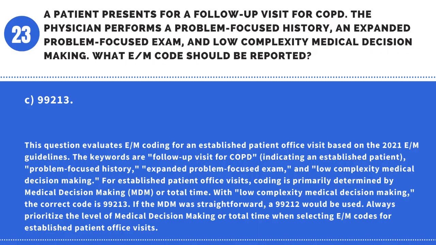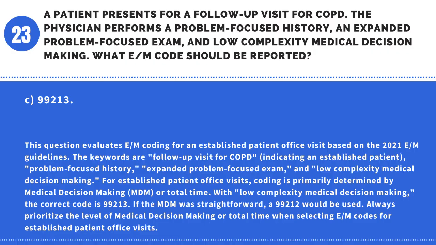Answer: C. 99213. This question evaluates E/M coding for an established patient office visit based on the 2021 E/M guidelines. The keywords are follow-up visit for COPD, indicating an established patient, problem-focused history, expanded problem-focused exam, and low-complexity medical decision-making.